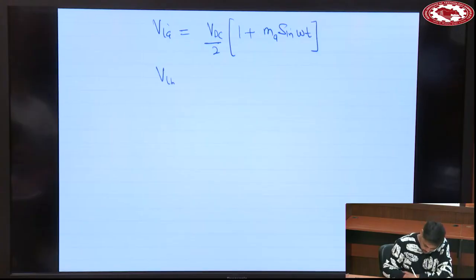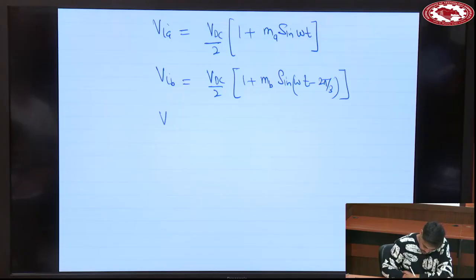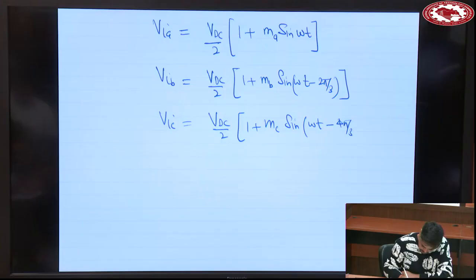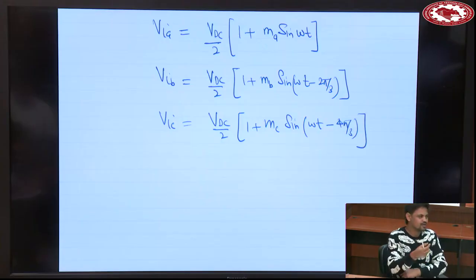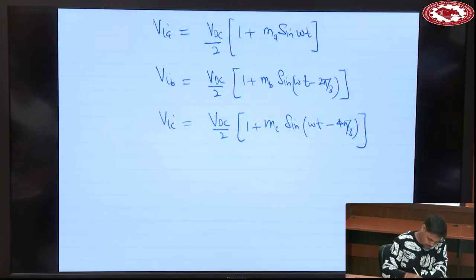Similarly, Vib is Vdc by 2 times 1 plus mb sin omega t minus 2 pi by 3, and Vic is equal to Vdc by 2 times 1 plus mc sin omega t minus 4 pi by 3. Ma, mb, mc are going to be equal only, so I unnecessarily wrote this. So m.